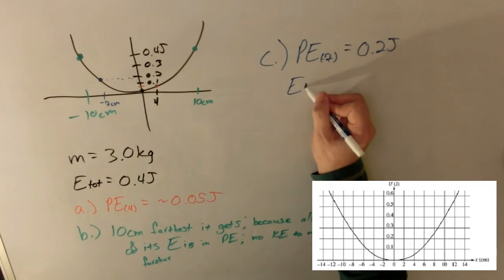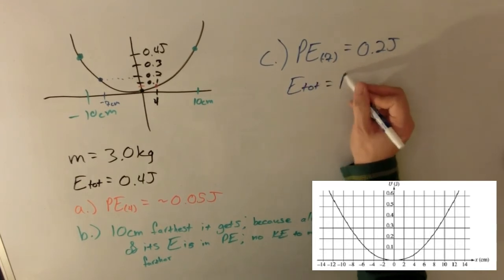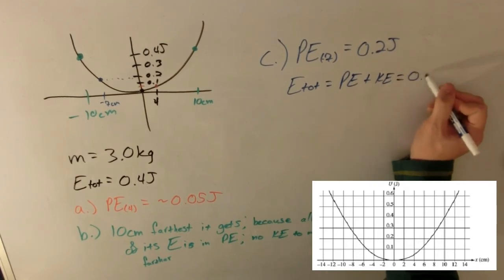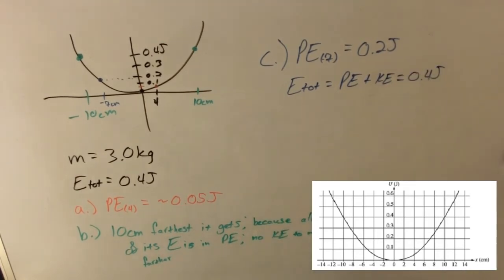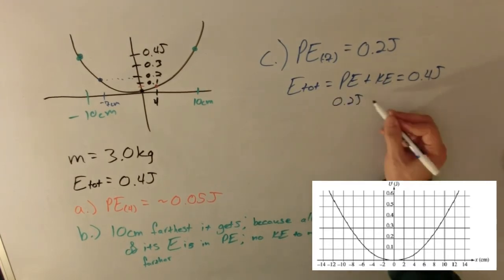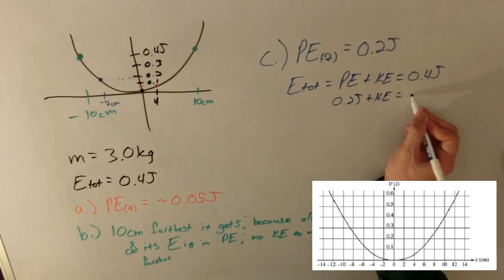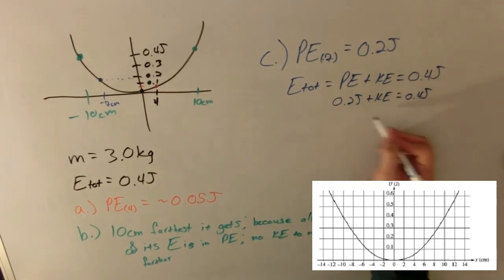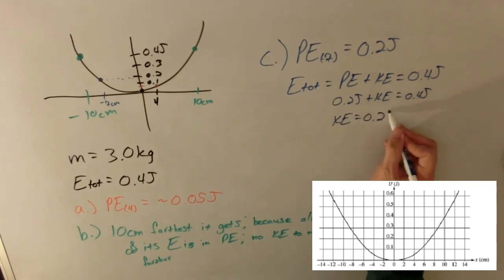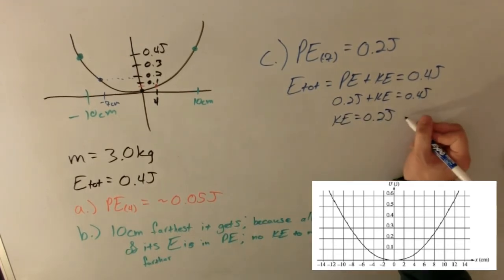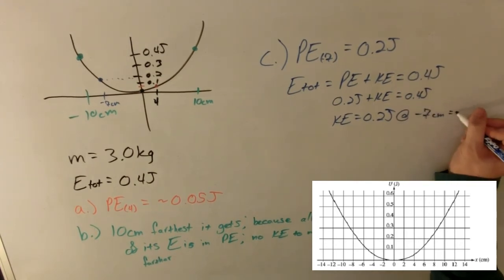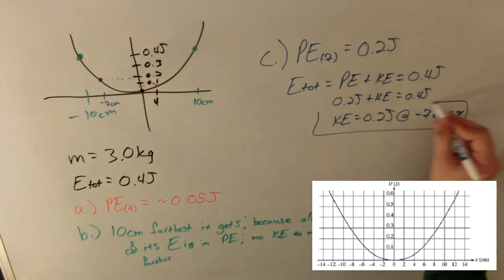My total energy, which equals my potential plus my kinetic, equals 0.4 joules. We haven't changed the total energy in the system. Plugging this in, I've got 0.2 joules plus my kinetic energy equals 0.4 joules. I subtract 0.2 from both sides, and I find that my kinetic energy is equal to 0.2 joules at x equals negative 7 centimeters.